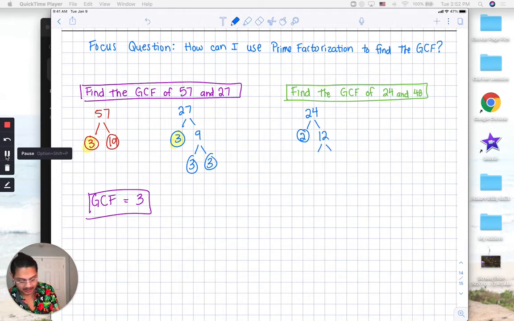Again, it's even, so I know that 2 is the smallest prime number that goes in. And 2 times 6 is 12. Is 6 prime? No, it's not. So I can break it down even further into 2 times 3. Excellent. All right, let's do the same thing for 48.